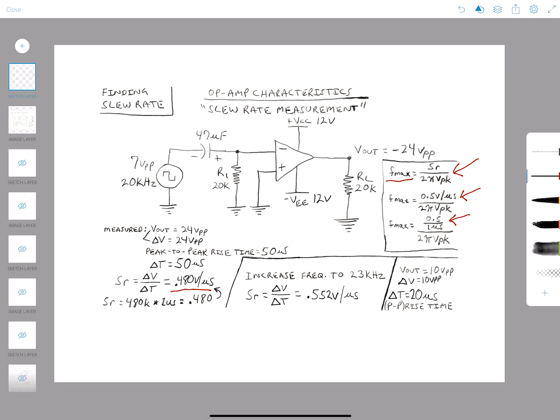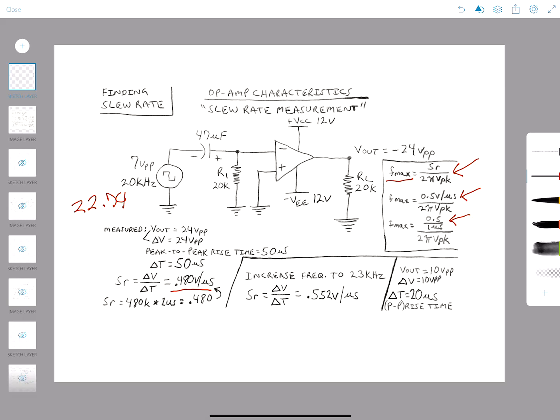Let's put that into our calculator real quick. We have 0.5 volts divided by 1 microsecond, and then divided by 2 times pi times volts peak. In this case it's 7 volts peak to peak, but we need peak, which is 3.5.